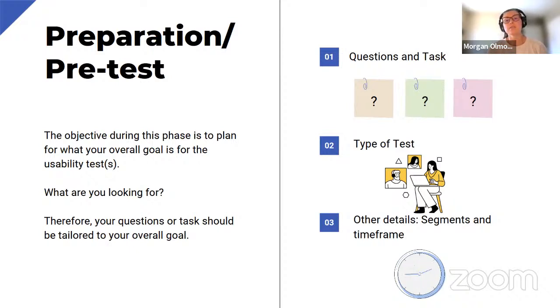This is important to decide, whether you're working on your teams or individually, of what exactly you're looking for, because that's going to define what type of test you're going to create. As I mentioned, whether it's going to be just generative questions, or if it's a task analysis. You are trying to test a specific feature or application, and you want to make sure that the user can go from point A to point B. Does it make sense? Can he or she actually complete it?